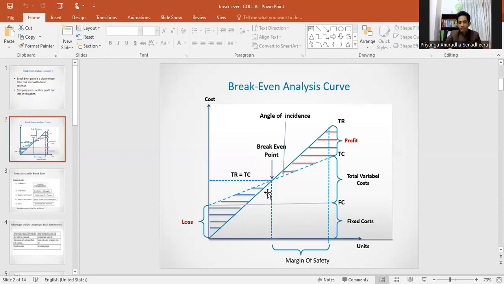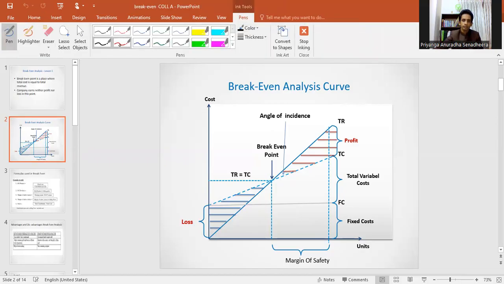The next thing we must understand in the break-even chart is the loss area and the profit area. You can see here, if you draw a small line in this area, sometimes it is a bit difficult, but I'll try to draw a line.